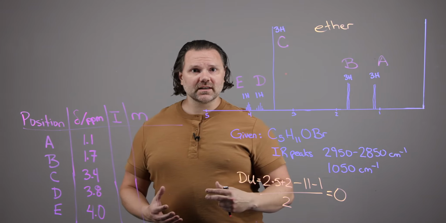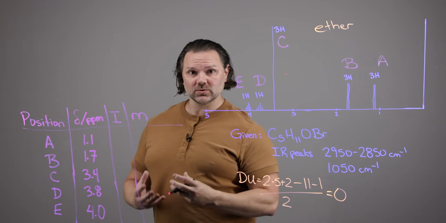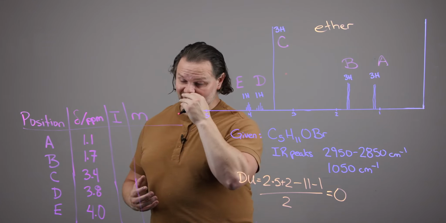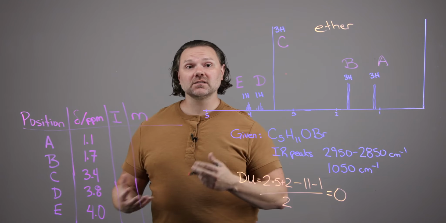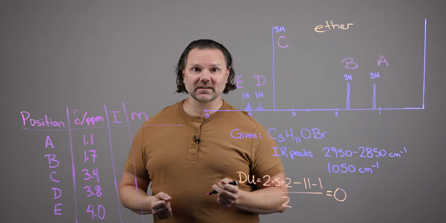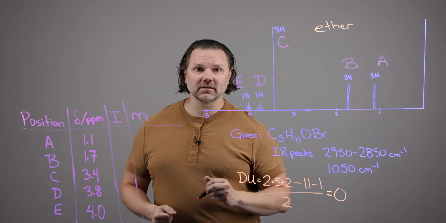We're looking for an estimate here. Do as well as you can. Try to get it as close to what you believe it is, but if you're off by just a little bit, by about 0.1, you're still going to be able to make that assignment effectively to determine your unknown compound. Now let's determine our integrations.